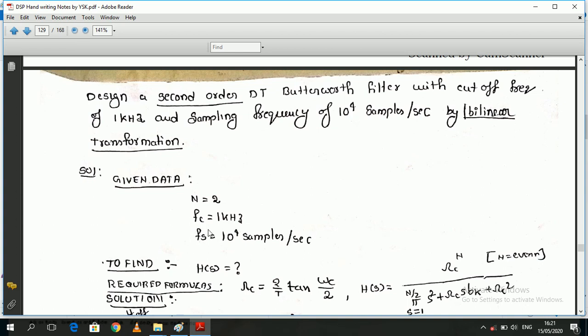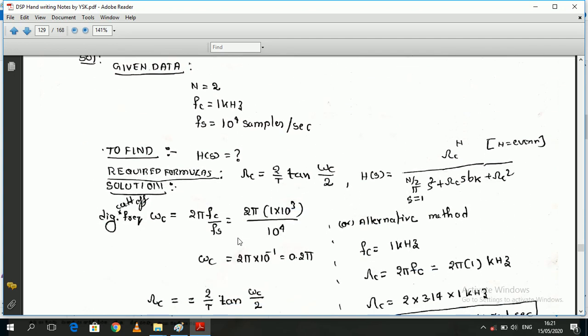Given that n equal to 2, fc equal to 1 kilohertz and sampling frequency 10 to the power 4 samples per second. What do we need to find out? The analog filter, right? Required formula: omega c equal to 2 by T tan(omega c by 2), and another formula is H(s), the analog filter. We have to find the value of omega c. But omega c is 2 by T tan of the digital cutoff frequency, and you don't know the digital cutoff frequency.